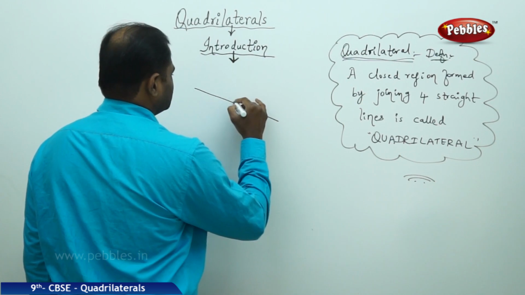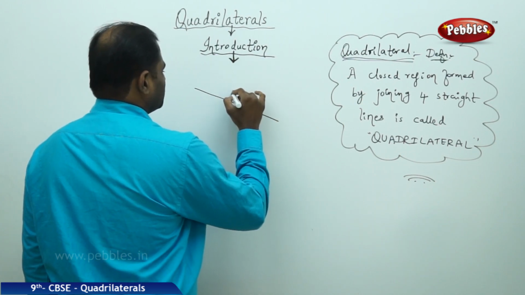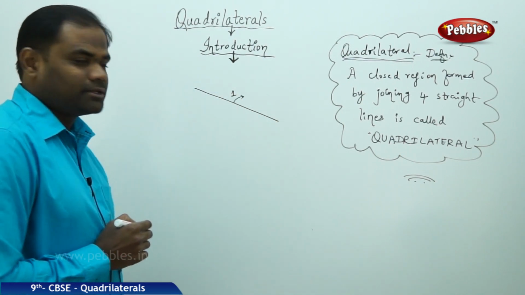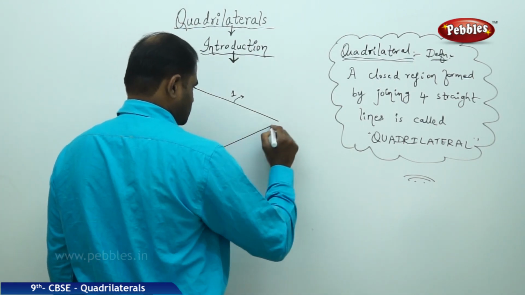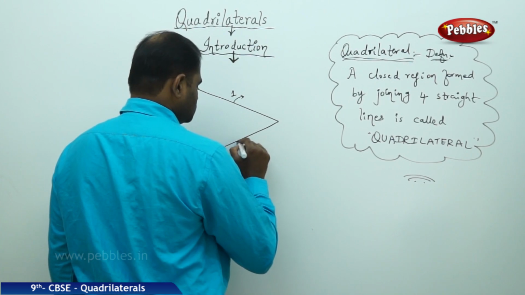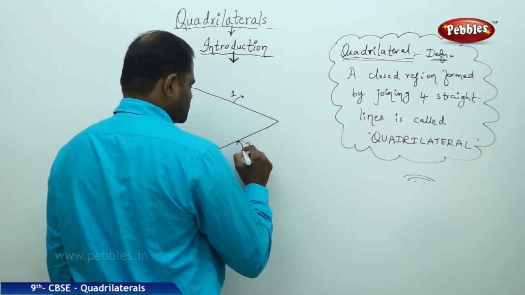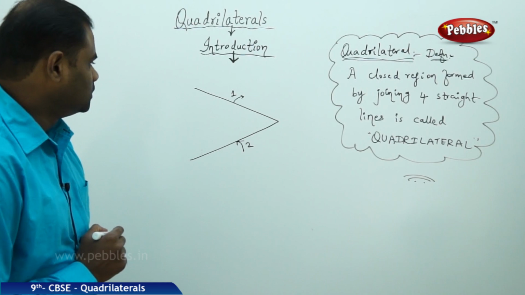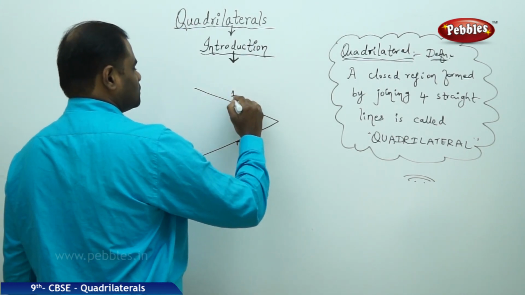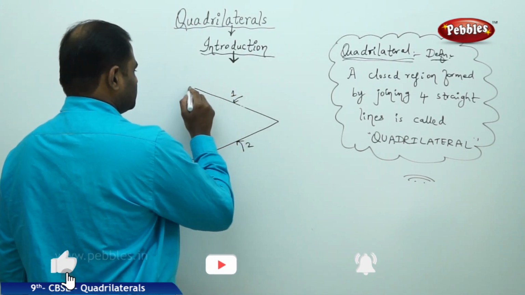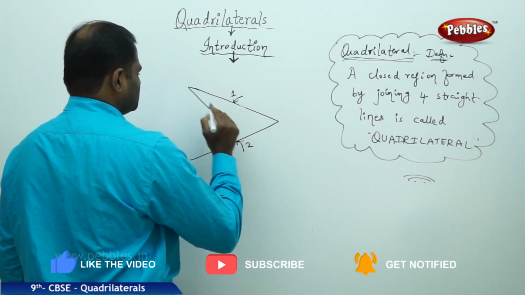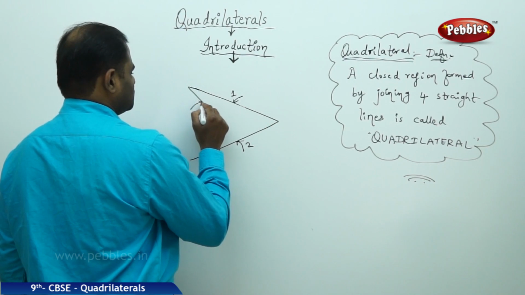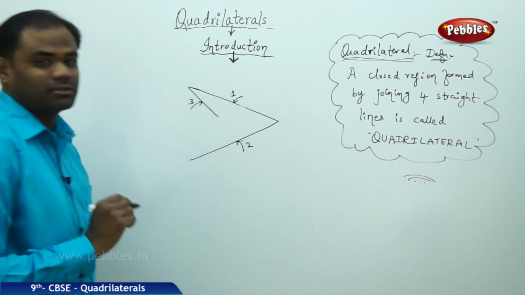Imagine I take line 1, and I take line 2 and put it in this order. This is line 2. Next I have line 3, which is arranged in this manner.